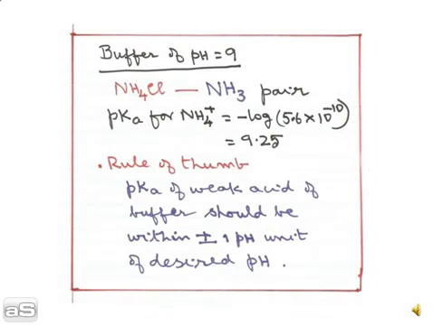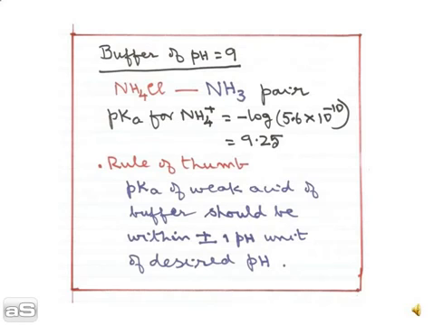Now let us see another example for the preparation of a buffer solution whose value is pH 9. Here we choose the ammonium chloride ammonia pair. The pKa value for ammonium plus ion is equal to minus log of 5.6 into 10 to the power of minus 10. This comes out as 9.25.